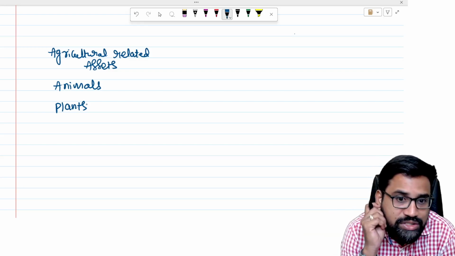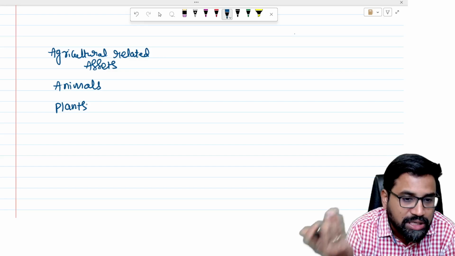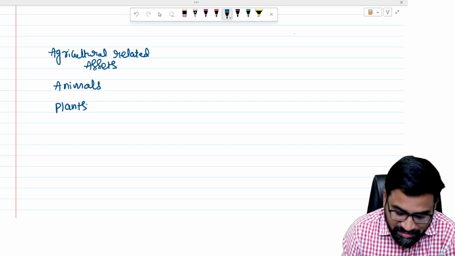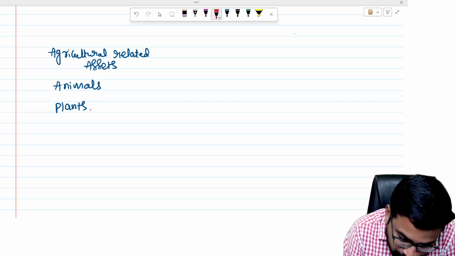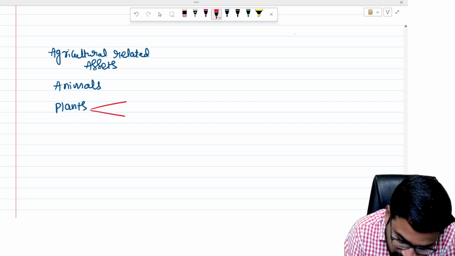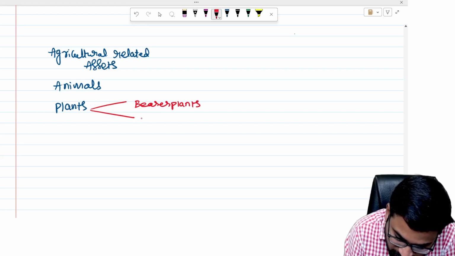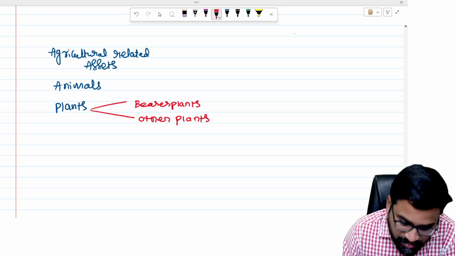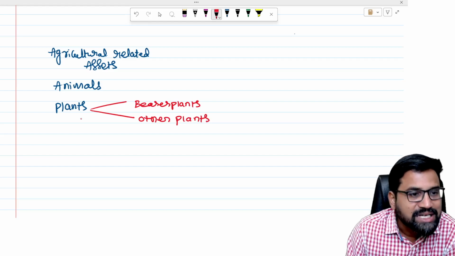Generally agriculture related goats, sheep, cows, buffaloes, these are normal agriculture related animals, and plants, different kinds of trees. But see here, in plants we have bearer plants and other plants.